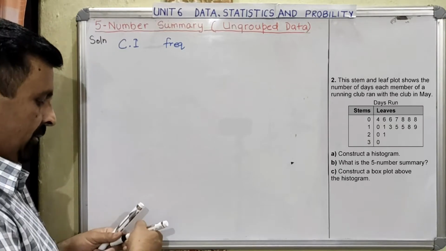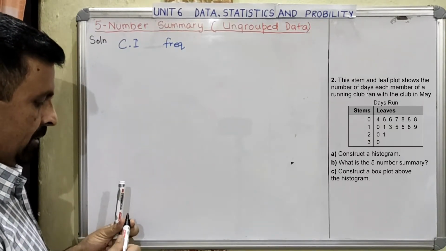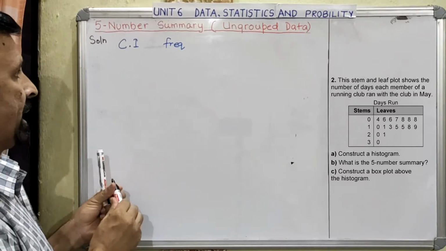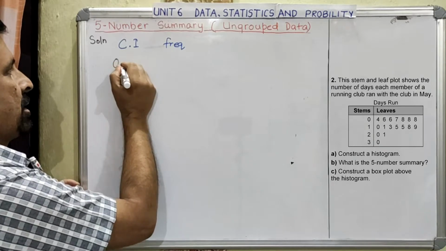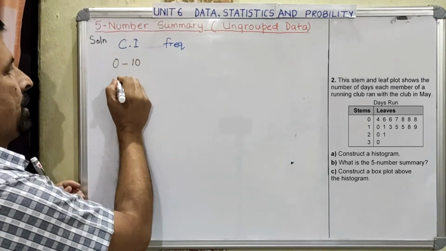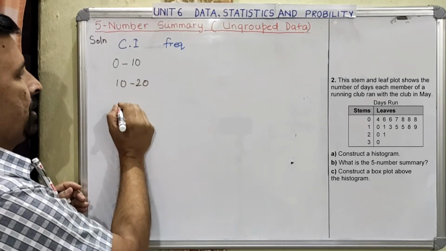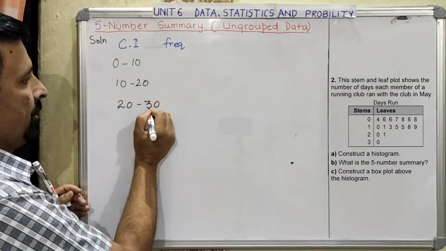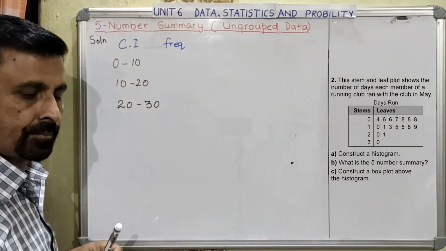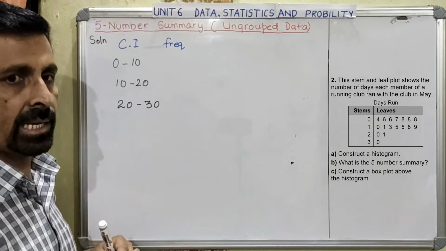So the class intervals are 0 to 10, 10 to 20, 20 to 30. This is called an exclusive class interval.